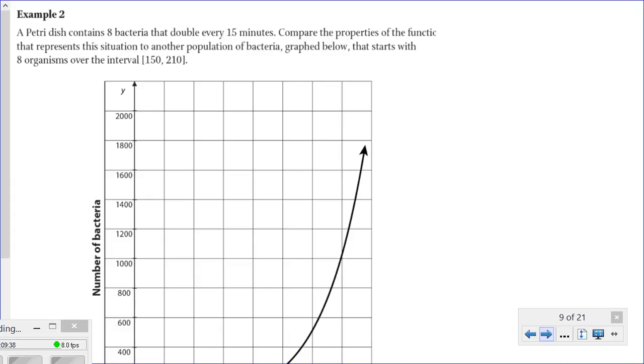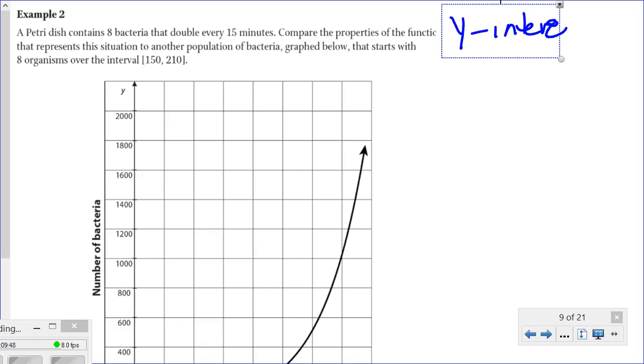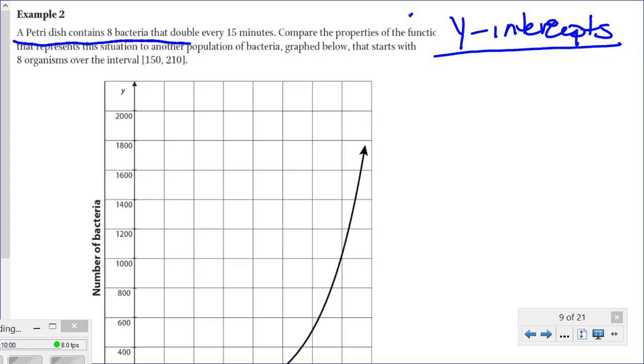So in this case, if I want to compare my y-intercepts first, if I look at the situation that I'm given, I can write the equation for my scenario if I want to.